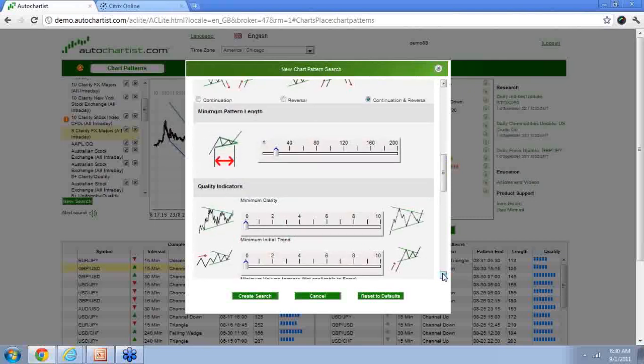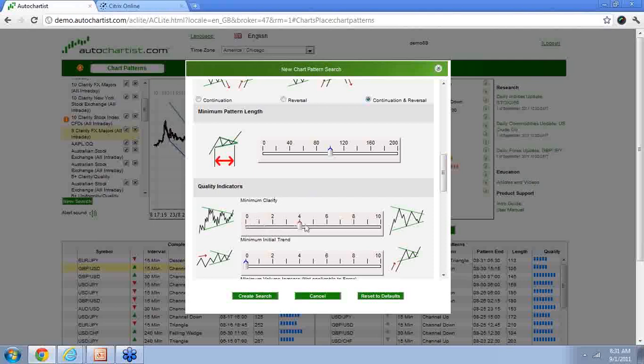So in order to avoid having it select markets that are very choppy, when you have a low time period, make sure that you set your pattern length on high, okay, because that is going to help filter out choppy patterns. Okay, so that's one tip that you want to look at.